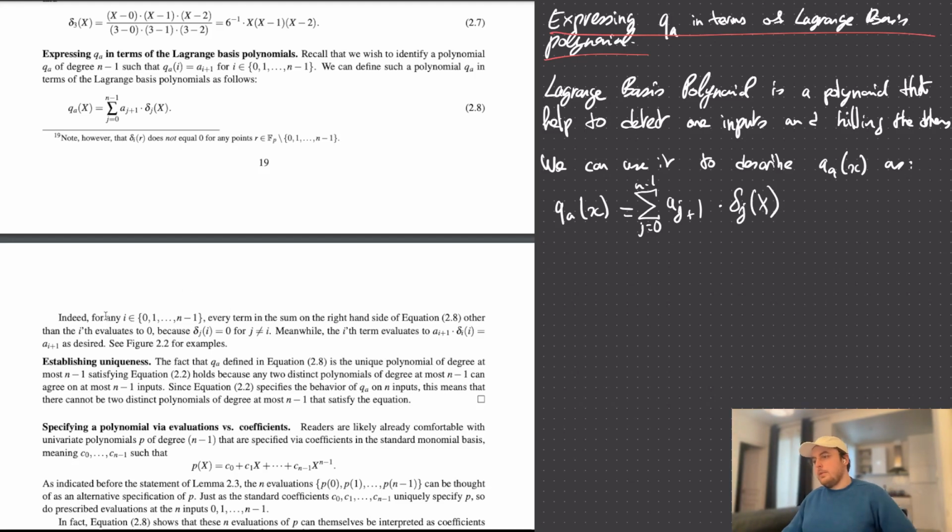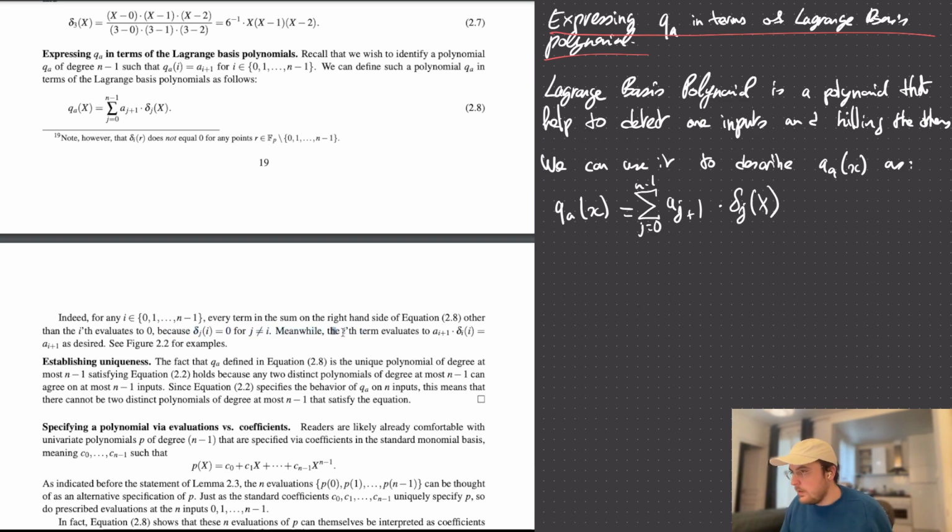Okay, let's read it. It will get clearer than my dumb explanation. Indeed, for any i in the inputs, every term in the sum on the right hand side of the equation, other than the i-th, evaluates to 0. So that's what I was saying. Because delta j of i equals 0 for j different from i.